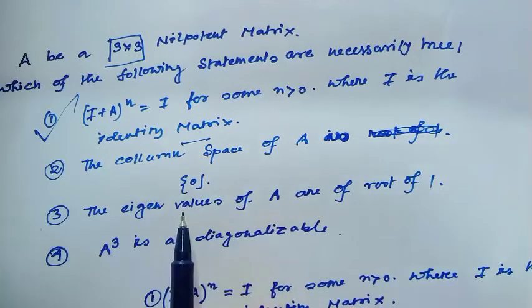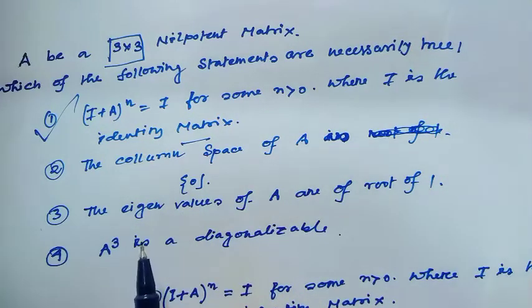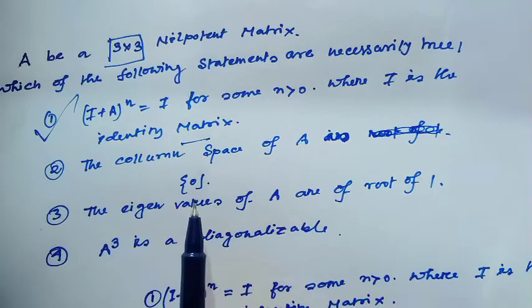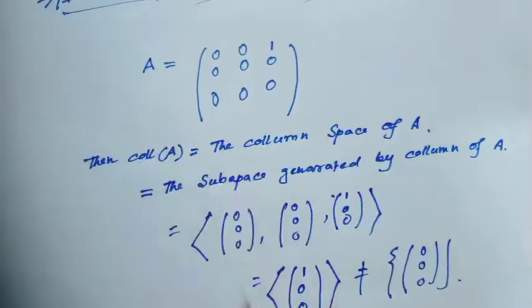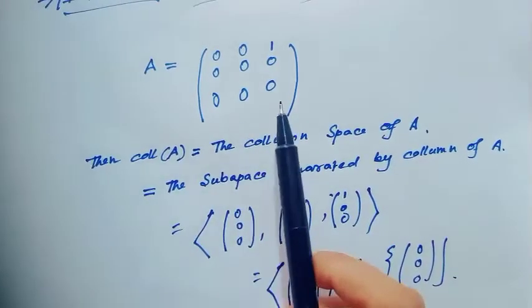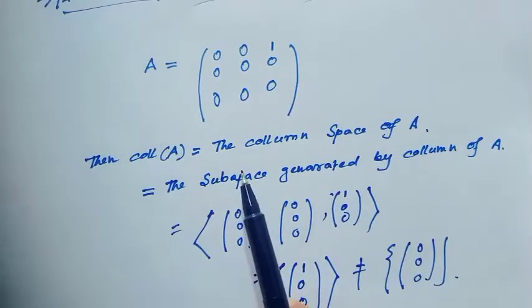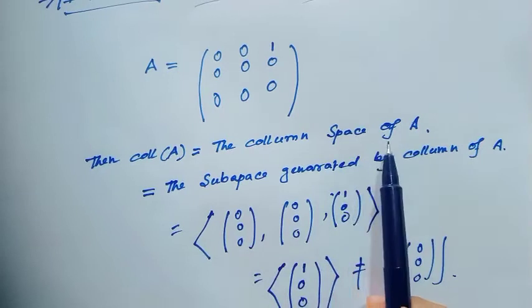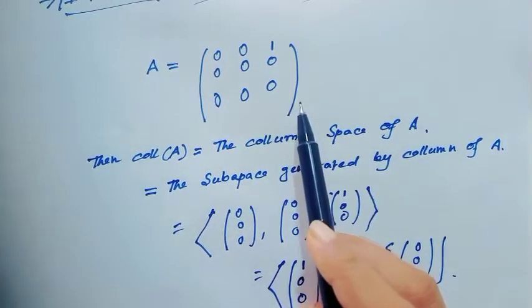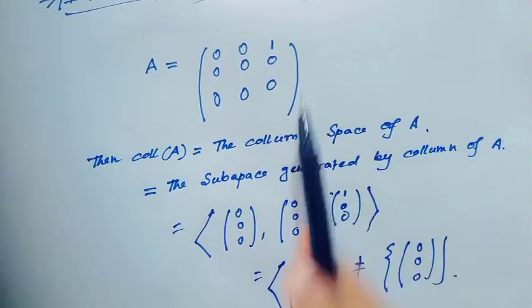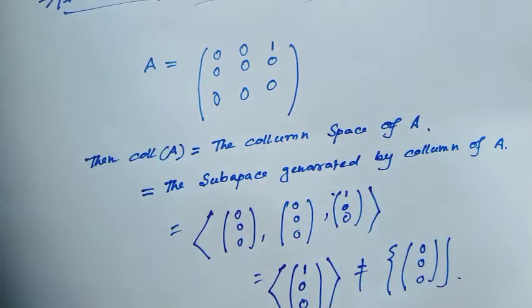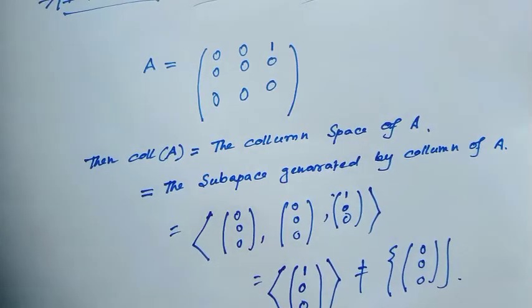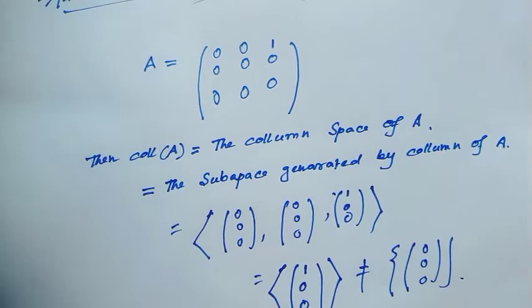Is it a true option? Notice, for this I will consider one example. For this, consider this matrix. And all of us know, column space of the matrix is the subspace which is generated by its columns.